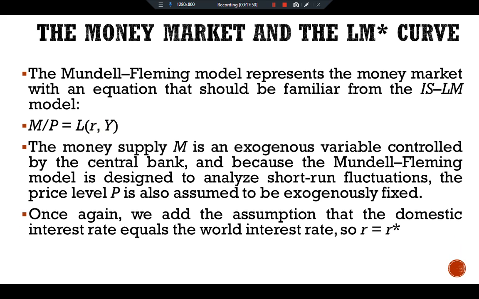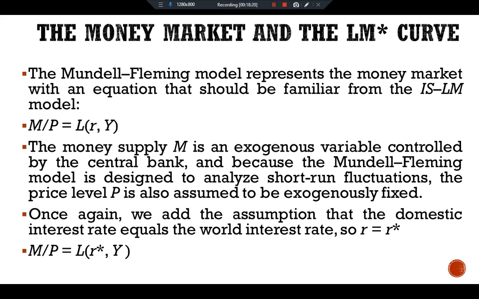Once again, we add the assumption that the domestic interest rate equals the world interest rate, so we have r = r*. Then we have M over P = L(r*, Y). Let's call this the LM static equation. We can represent this equation graphically.